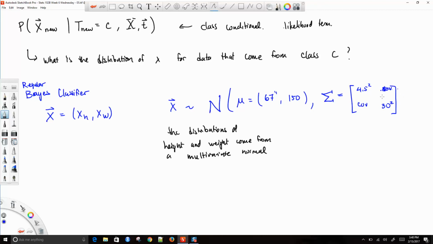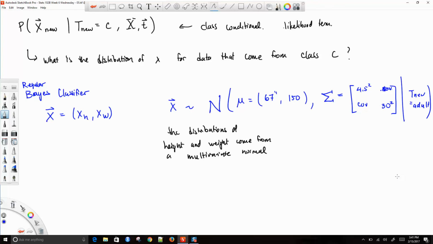And this is normal given that our class T nu is equal to adult.